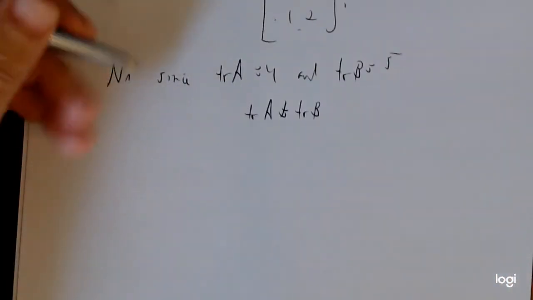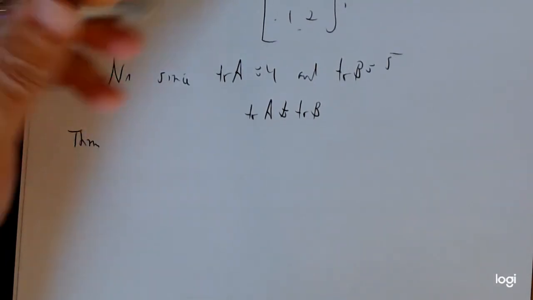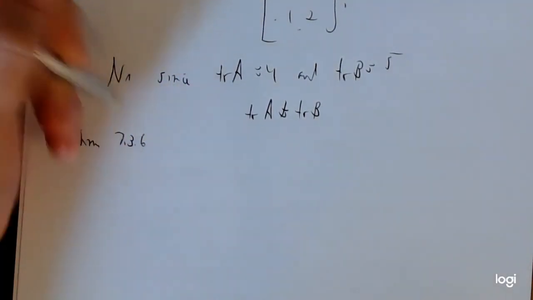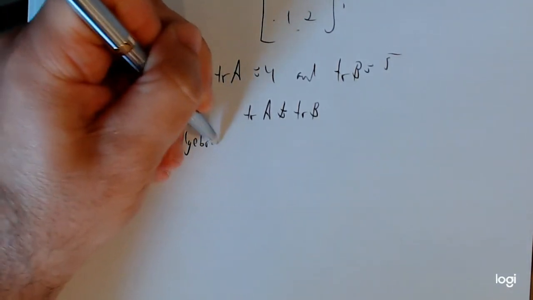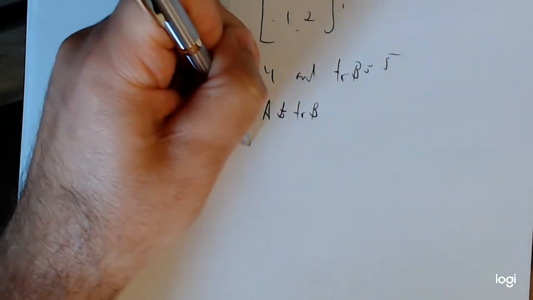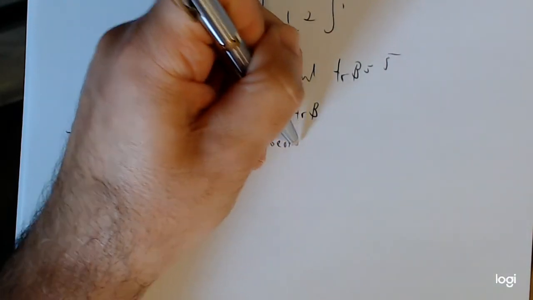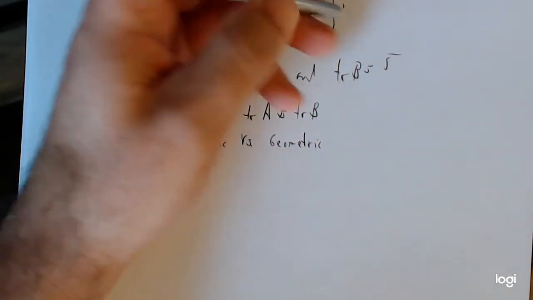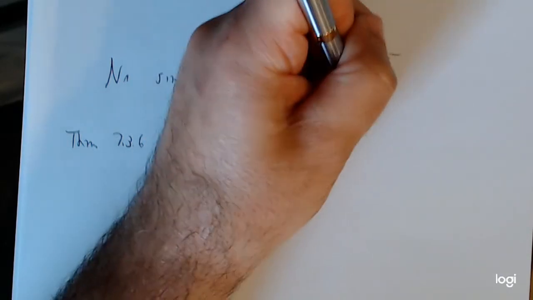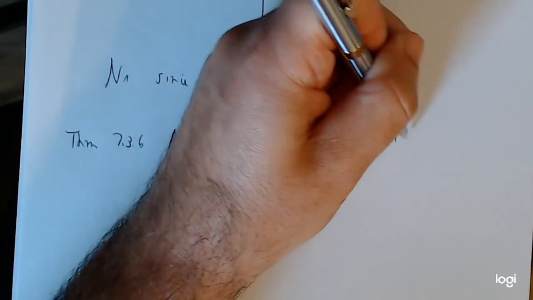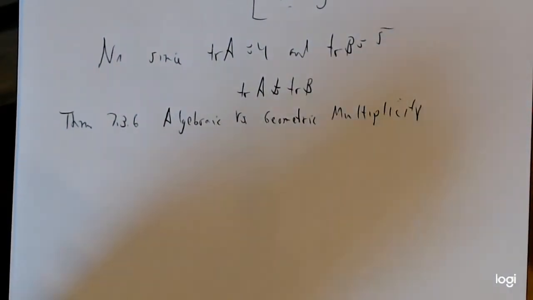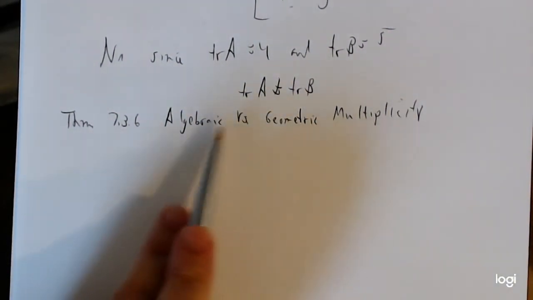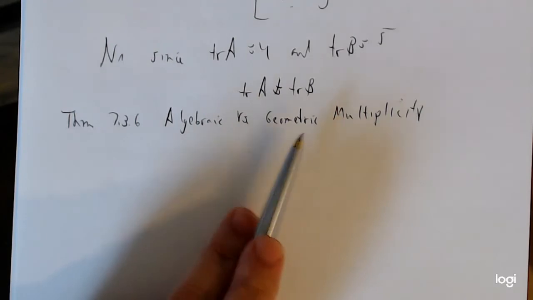So the last thing I want to talk about before we wrap this up is algebraic versus geometric multiplicity. We're going to compare the number of algebraic and geometric.